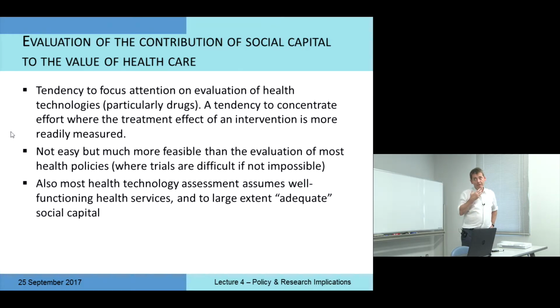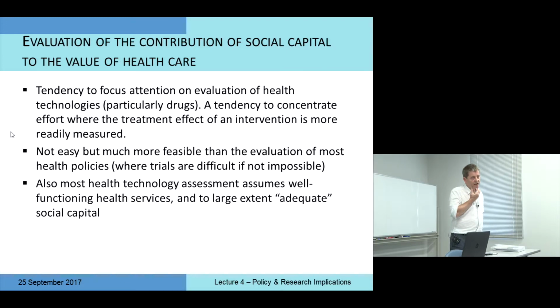There was a very famous experiment called the RAND health insurance experiment done in the United States back in the 1970s, where they did randomize quite a large number of individuals to different insurance plans. Because it was done as an experiment, the belief was you were going to get a better estimate of the impact of different insurance policies or schemes. But that's pretty unusual. We don't usually have that opportunity.